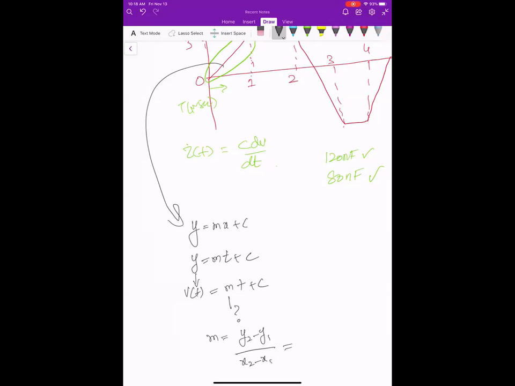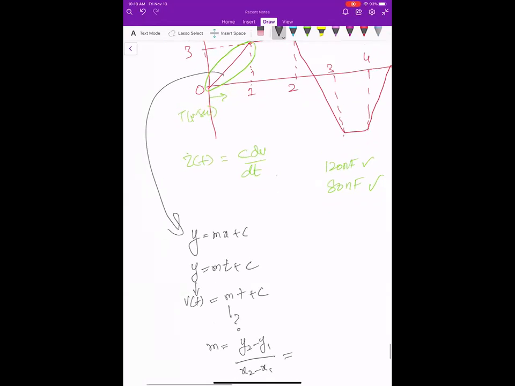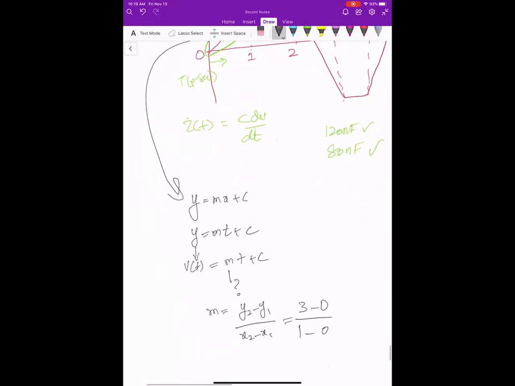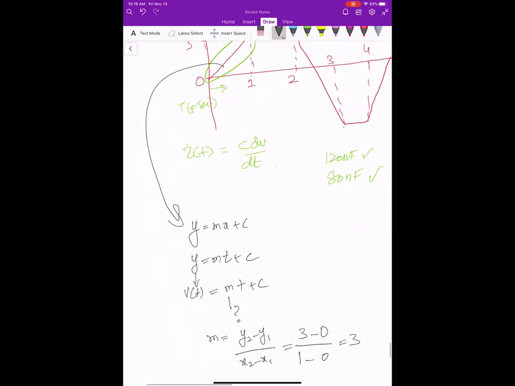What is y2 here? 3. 3 minus y1 is 0. What is x2? 1. What is x1? 0. Yes.